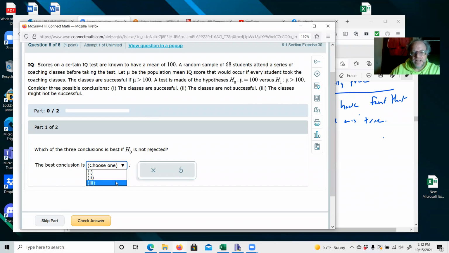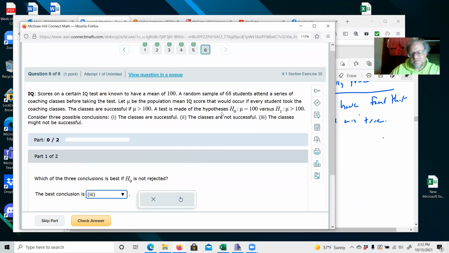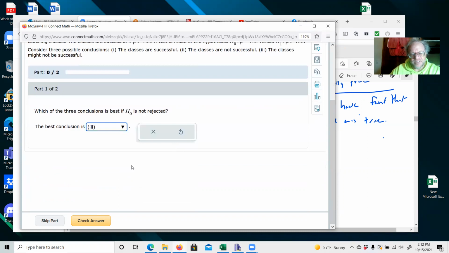I would say 3. I have a feeling it's 2, they're not successful. But it's a probability class, so "might" is usually a better answer. So I'm going to say 3, hedging my bet that they're going to say 2.